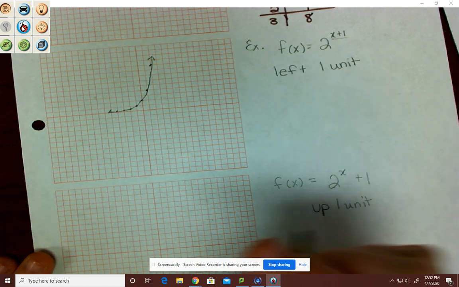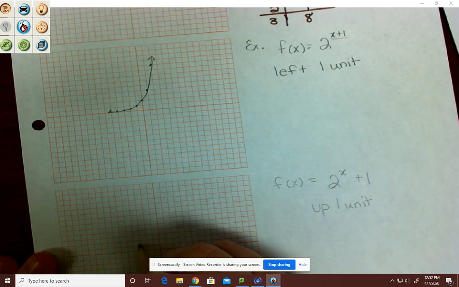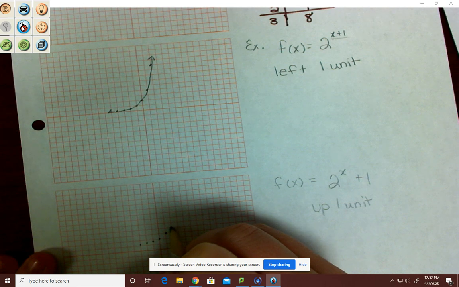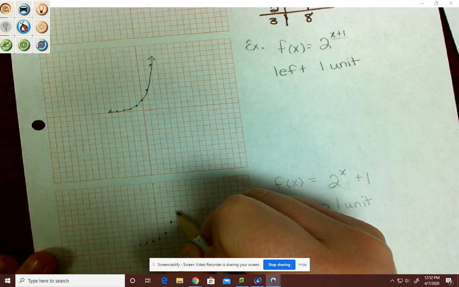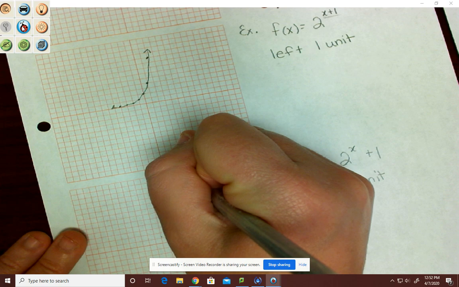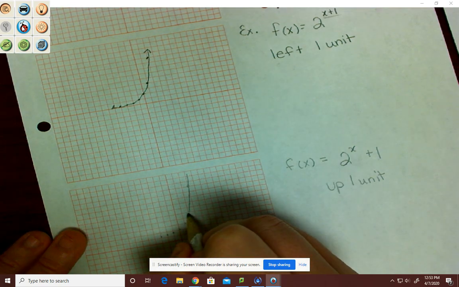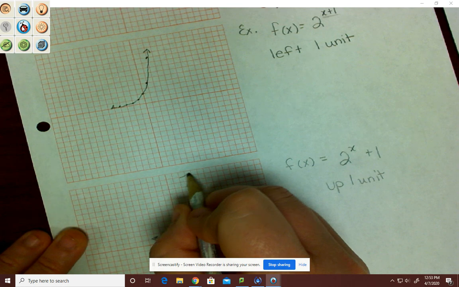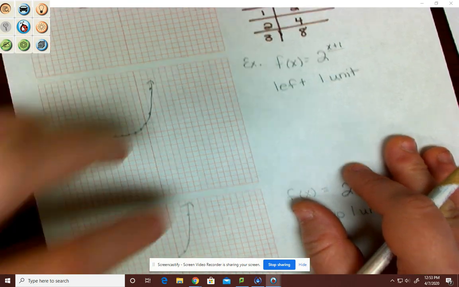So I could do it on the same graph, or I could just look at them and move them up 1. So we took this graph and we just shifted it up 1 unit. So same thing is still happening here.